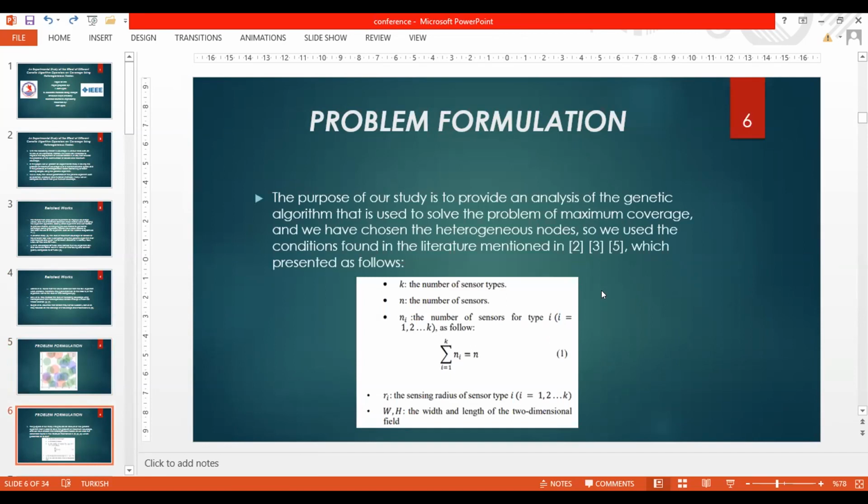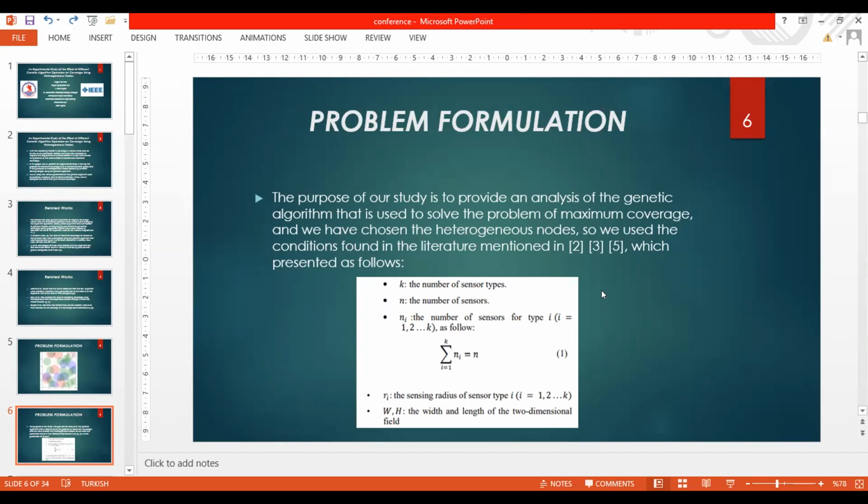The purpose of our study is to provide an analysis of the genetic algorithm that is used to solve the problem of maximum coverage. And we have chosen heterogeneous nodes, so we used the conditions found in the literature mentioned in 2, 3, and 5, which are presented as follows.